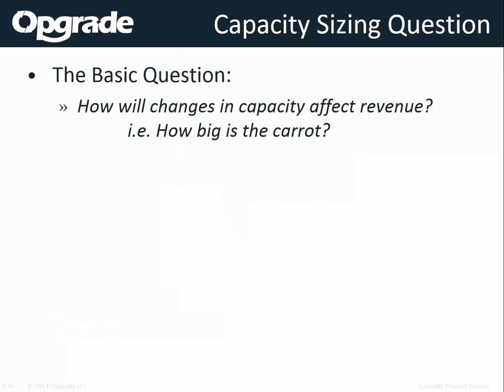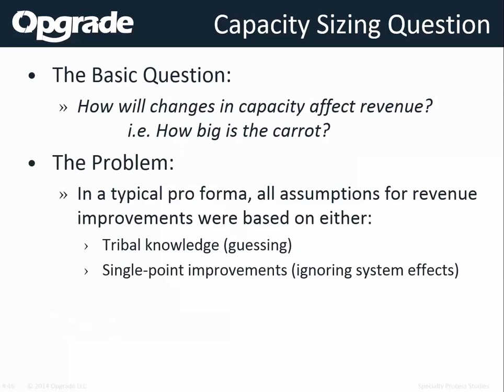This, again, is the same basic question. How will changes in capacity affect production and therefore affect revenue? So how big is the carrot in making this change? But the problem is that often a pro forma, the business plan for whatever this is, makes some sort of assumption on production. It says, well, tribal knowledge, we've seen this kind of thing.